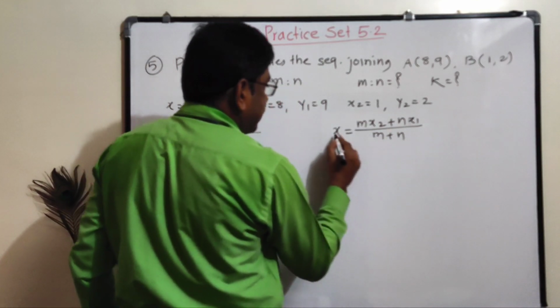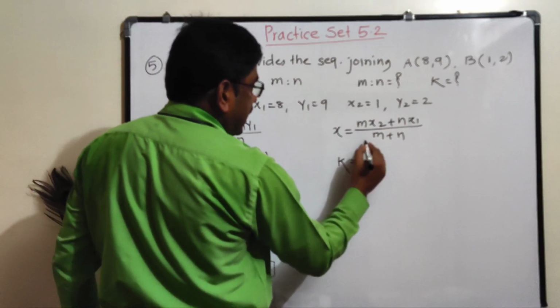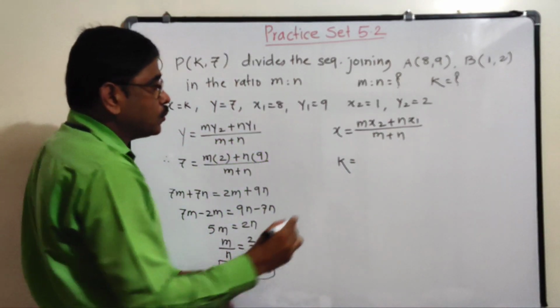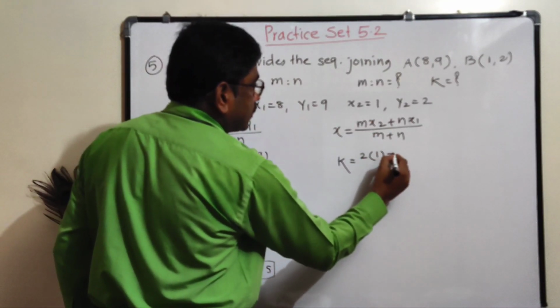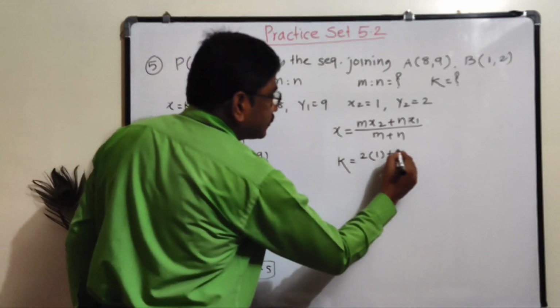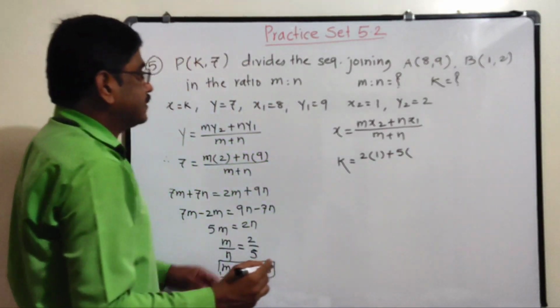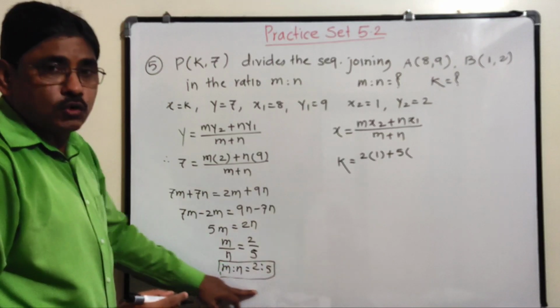Now we have the value. X coordinate is k here given. Now m, the value is here 2 into x2 is 1 plus n, value is here 5 into x1. So m, n, here the values are there.